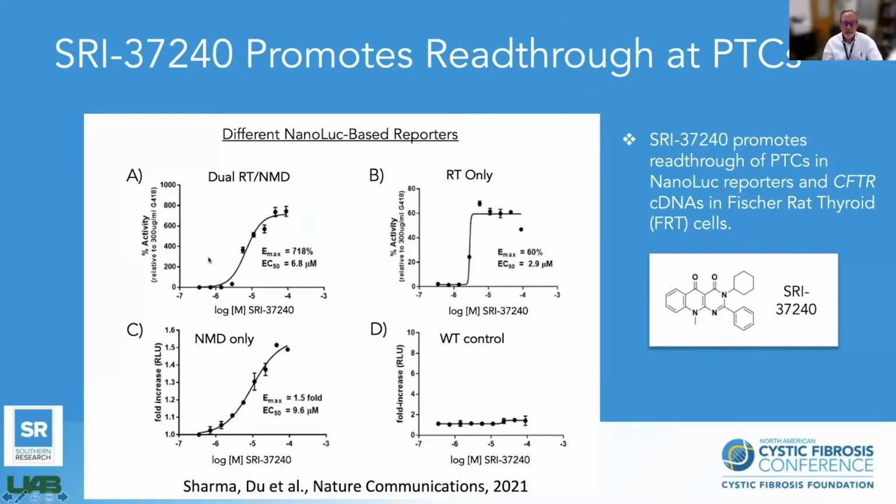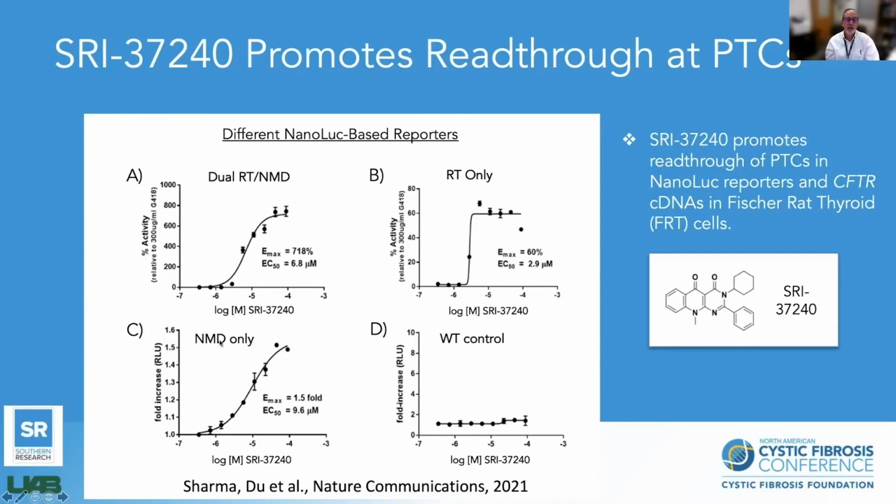We have a series of different NanoLuc reporters that can read out for both read-through and NMD, and here's an example of that. This is like the reporter we used for the screen, and we see a nice dose-dependent response with an EC50 of about 6.8 micromolar for 37240. A read-through-only reporter does not have the globin moiety, so it's not subject to NMD, and that shows about a 2.9 micromolar EC50.